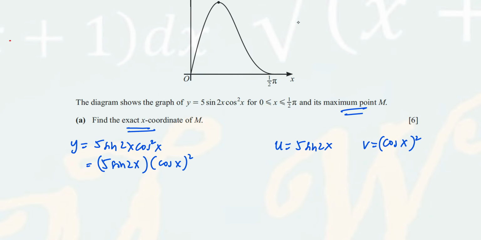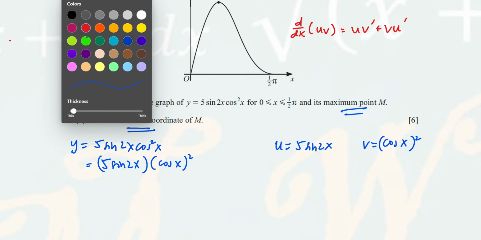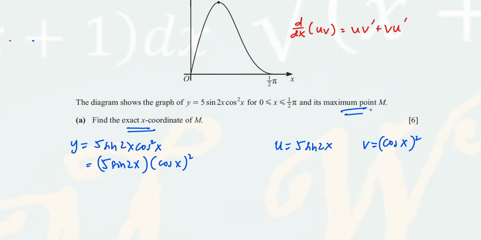According to the product rule, differentiate: uv prime plus vu prime. So your u prime and v prime will be du/dx and dv/dx. Now u prime, when I differentiate 5 sine 2x, I will write 5, the sine changes to cos, remain the 2x, differentiate 2x is 2. Therefore, I'm getting 10 cos 2x.